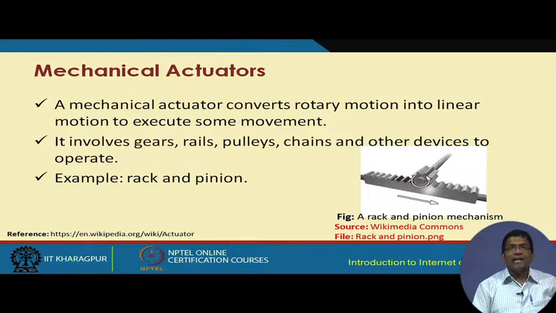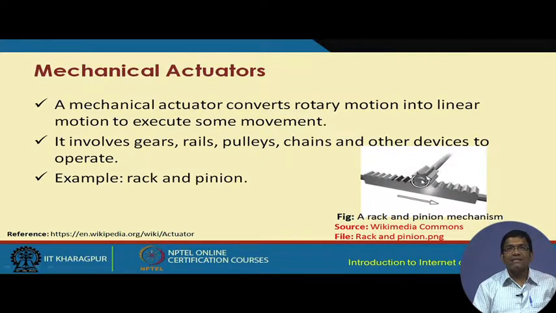Then we have mechanical actuators, which convert rotary motion into linear motion to execute movements. This involves gears, pinions, rails, pulleys, chains, and other devices to operate. A rack and pinion is an example of a mechanical actuator. The figure shows it, and it is quite explanatory.